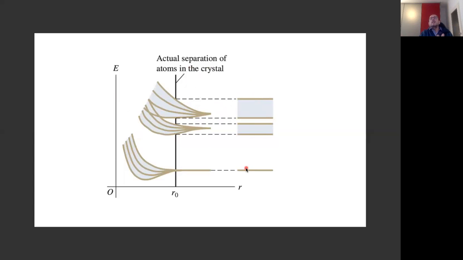What we were doing in the last class was looking at, let's say this is the most external one. We're saying this guy actually goes to infinity, because what I have here is almost a free electron moving inside a complete box. So in that approximation, this guy would go to infinity, and you will have all the possible values of the energy for the electron.